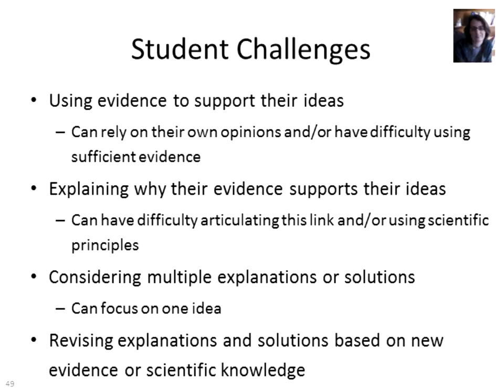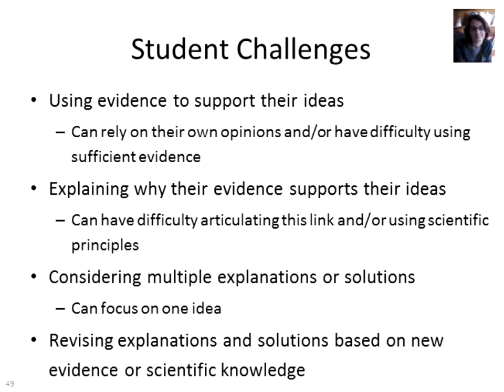And considering multiple explanations or solutions, we have a tendency to very much focus on one idea, and again, this is cross age spans into adults, and it relates to the challenges around using evidence to support an idea. We can kind of cherry pick the evidence that supports the one idea that we want to be supporting, which then leads to challenges around revising explanations and solutions.